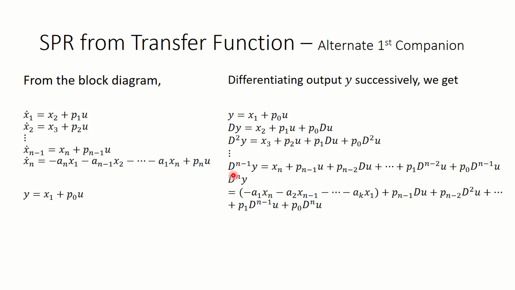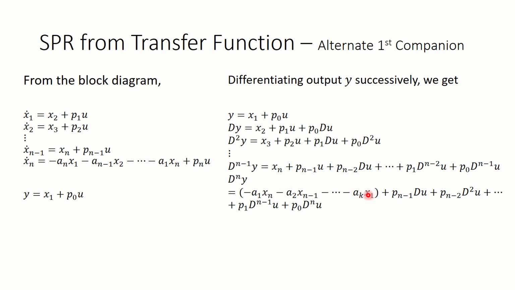Then what is dny? Another operation by the differentiation operator. We will get xn dot and all this du, d square u, all this will come. These are very easily verified, and this xn dot we have taken from here. In the xn dot expression we also have a pnu. So that pnu is missing in this expression, you see.